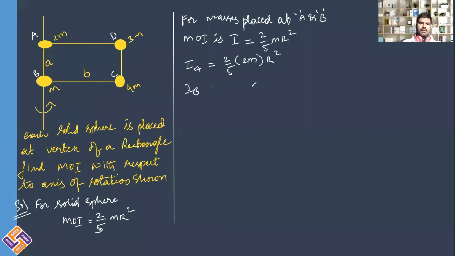The moment of inertia of B is equal to 2 by 5, its mass is m, into r square. That is the moment of inertia of the individual masses A and B.